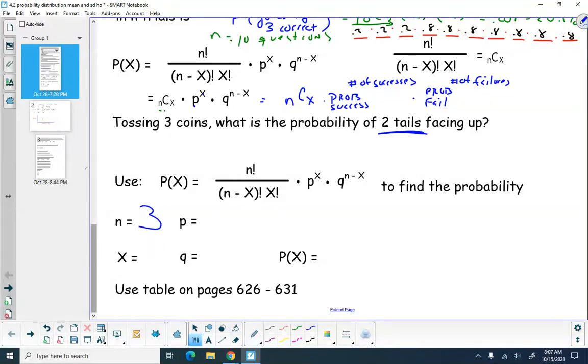Probability for failure, I'm flipping a coin, heads or tails, 0.5. I want 2 of them to be tails. So what's the probability of getting 2 tails? So I have nCx, 3C2, times the probability for success to the 2nd power, times the probability for failure to the 1st power.